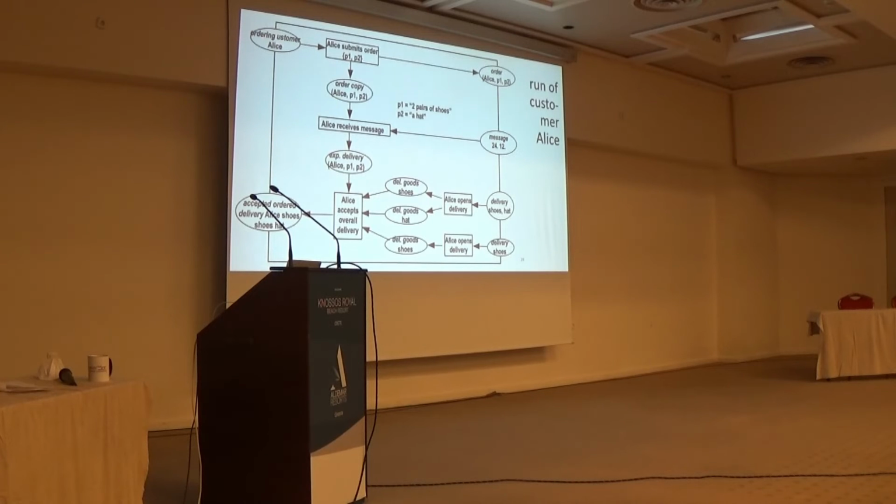Here we have Alice, an ordering customer, and she submits an order. Here she has submitted the order and she has a copy of that order. Then she gets a message, then she expects the delivery. What she ordered is delivered in 2 parcels, and then she collects it all and takes it.